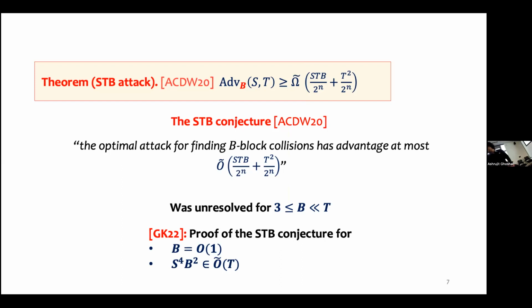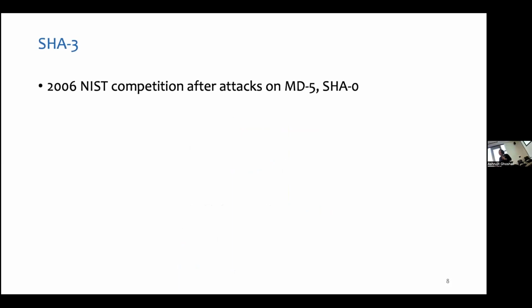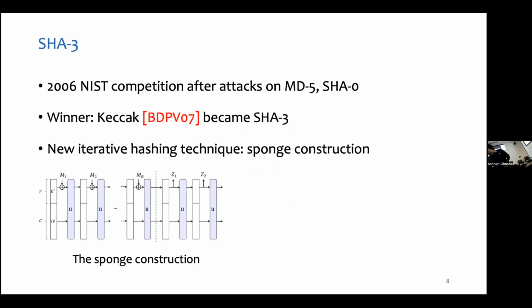While I've been talking about Merkle-Damgård, and it is probably the most used iterative hashing mechanism, the latest hashing standard, SHA-3, is actually not based on Merkle-Damgård. In fact, in 2006, NIST started a competition after some attacks on hash functions based on Merkle-Damgård. And after nearly a decade, a construction known as Keccak emerged as the winner.